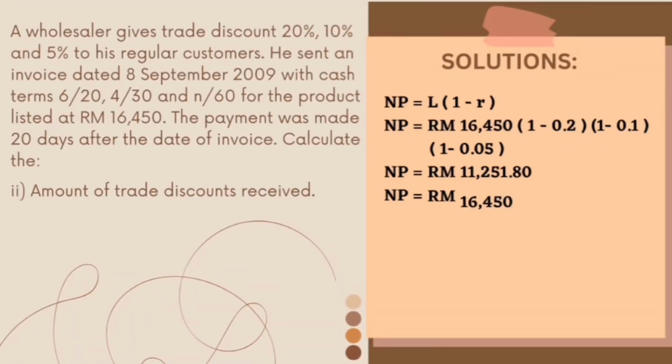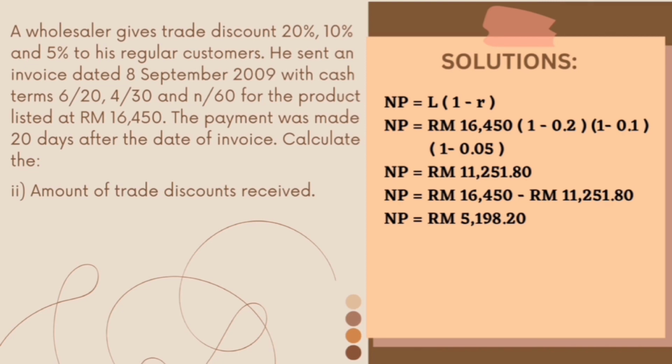For the second question, we need to figure out how much trade discount we received. So, we have to use the net price formula. The net price formula is NP equals L multiplied by the product of (1 minus R). NP equals 16,450 ringgit times (1 minus 0.2) times (1 minus 0.1) times (1 minus 0.05).